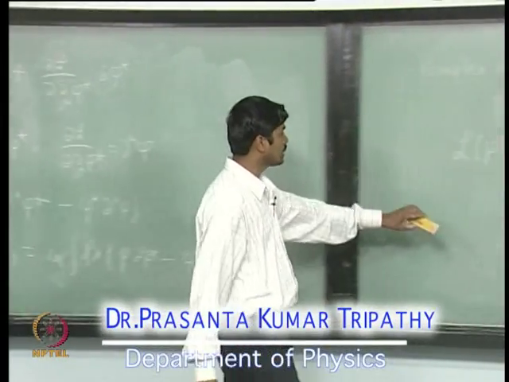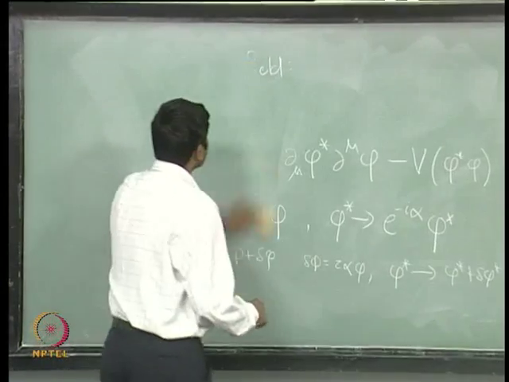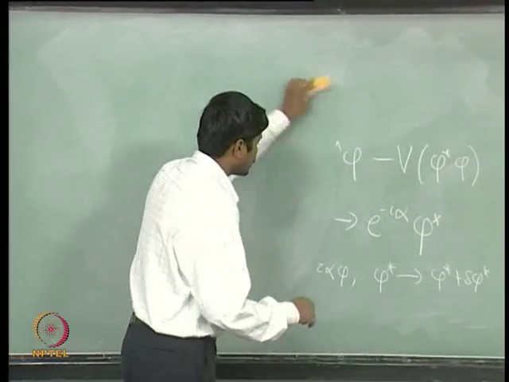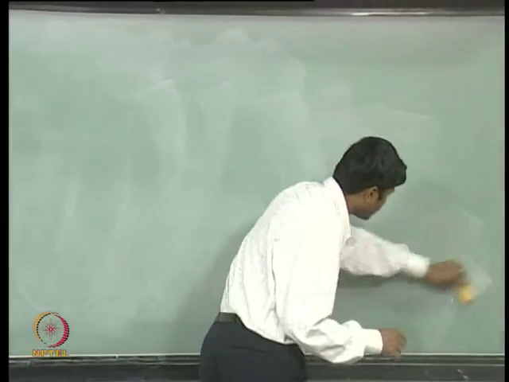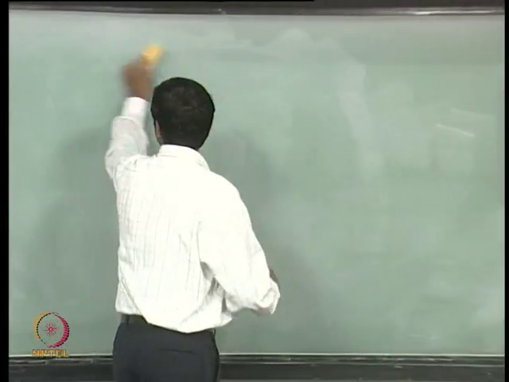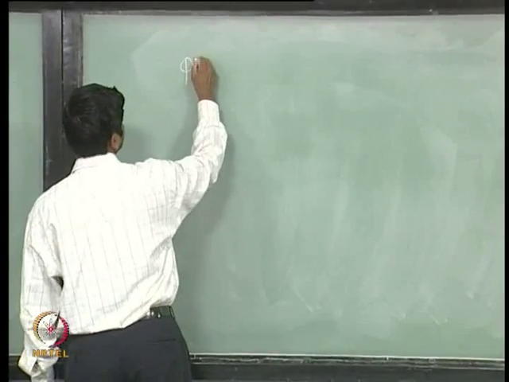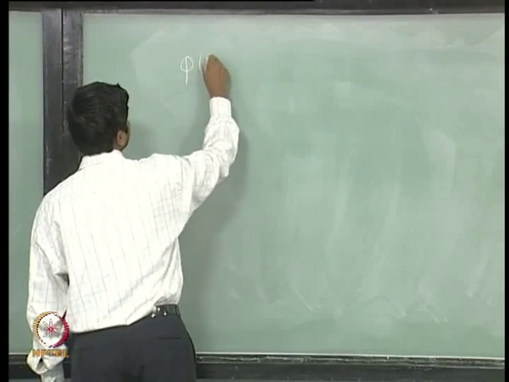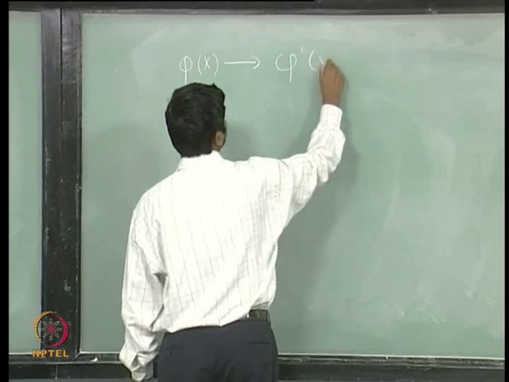Now, in the remaining part of this lecture, we will consider the more general scenario, that is, when the argument of the field also changes. So, phi of x goes to phi prime of x prime.